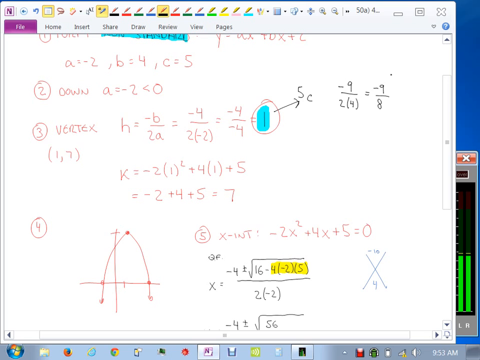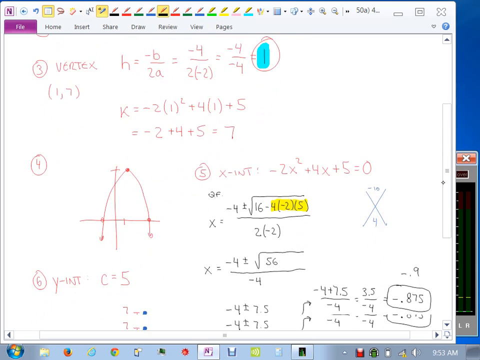So I would recommend you turn that into a decimal, which would be negative 1.125, and that's the number that you'll plug in. So just keep that in mind. I'm going to erase this because I'm going to print this out. I don't want people to be all confused with what that was.